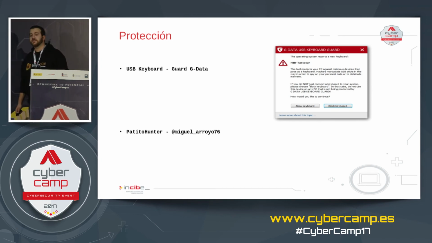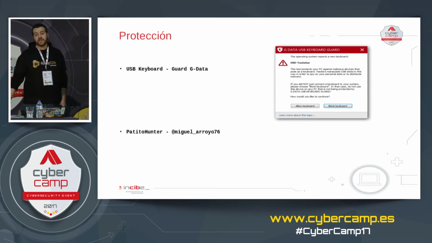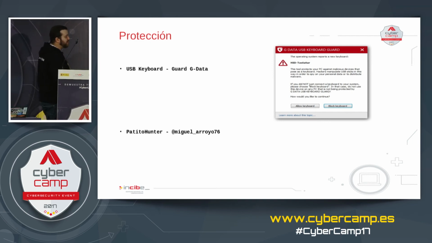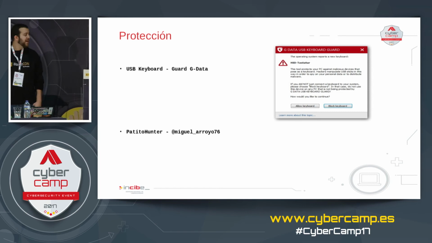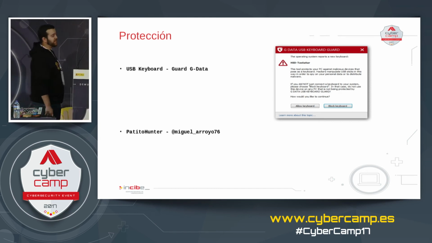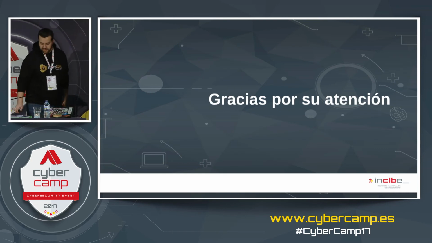And you have a warning with a message that there is another keyboard in the device and whether you want to stop it or continue working with it. Then we have the small script made in Python by Miguel Arroyo. There is a similar system. It detects the keyboard, but you have to execute the script beforehand.